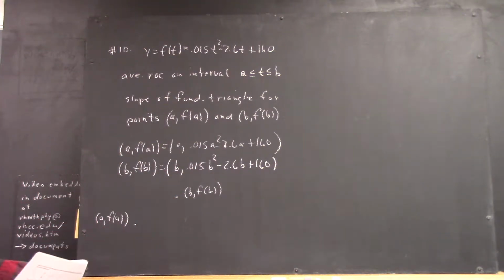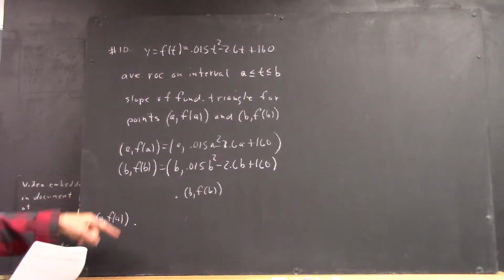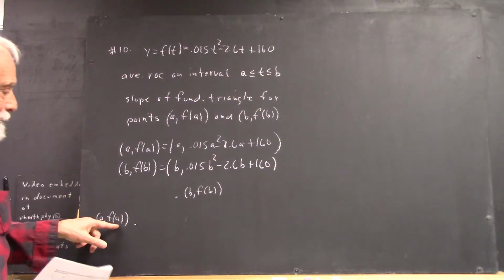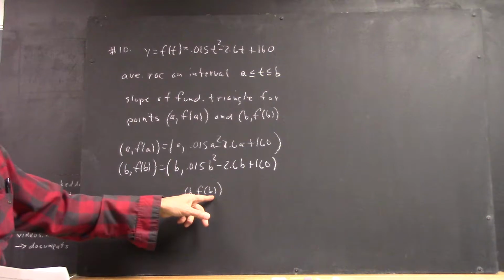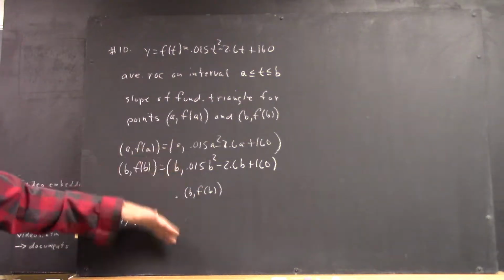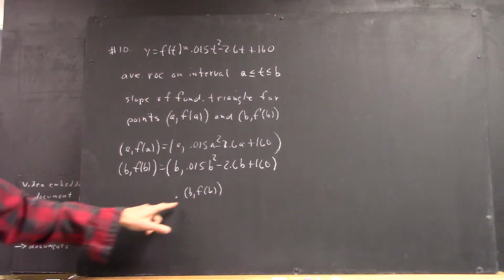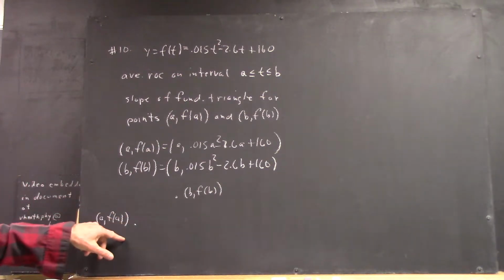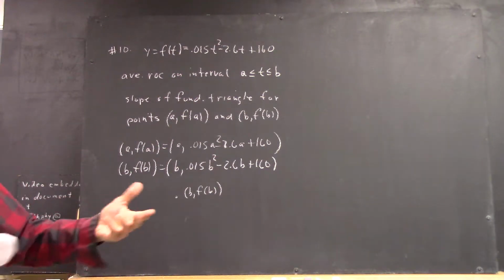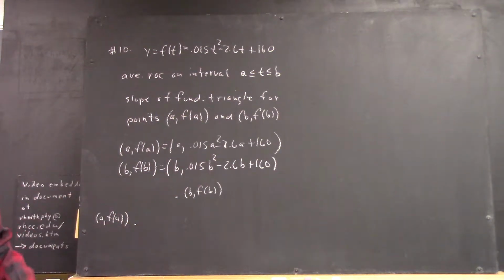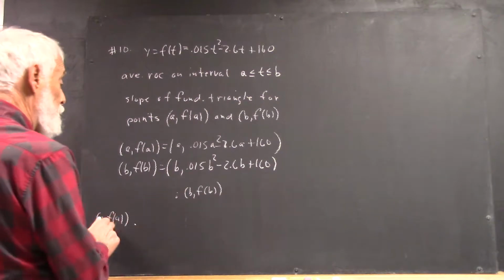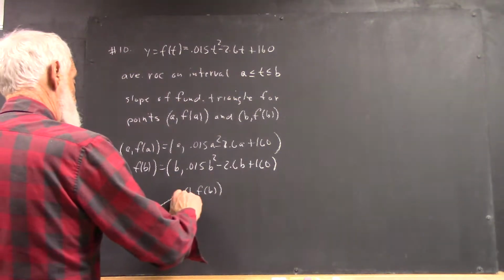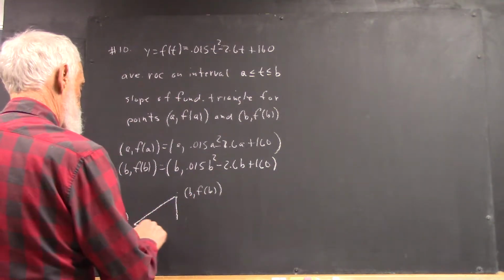And you don't know what f of a and f of b actually are because you don't have values, so you don't know whether this one's higher or lower. You don't know whether a is greater than b or b is greater than a, so you don't know whether this is to the right or left, right? Well, just draw them whichever way is more comfortable for you. It doesn't matter. Okay? So we just draw 2 points and let them represent these points.